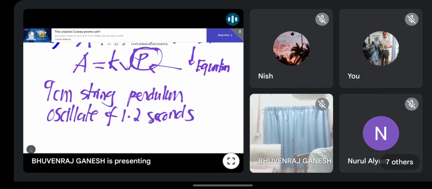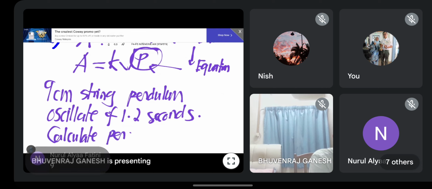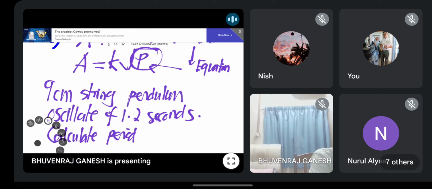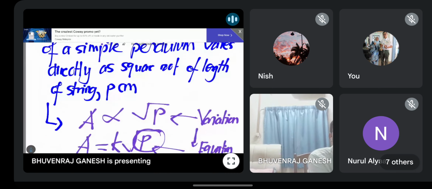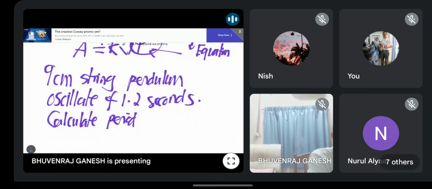Nilai apa saya akan gantikan? 9 atau 1.2? Can you all tell me? Anyone? Yes, you will substitute 9 because if you refer to the question, nilai P is what? Length of string, panjang string kamu. That's why P kamu ganti 9.